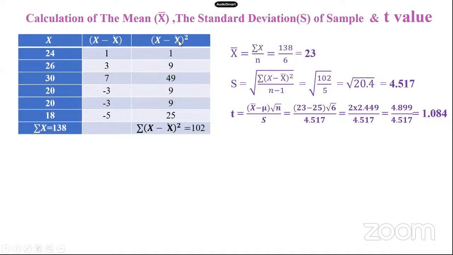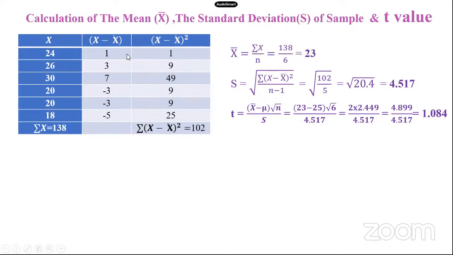ये x minus x bar है. x minus x bar whole square is equal to आता या ठिकाणी 24 minus 23 is equal to 1, 26 minus 23 is equal to 3, 30 minus 23 is equal to 7, 20 minus 23 is equal to minus 3, again 20 minus 23 is equal to minus 3, 18 minus 23 is equal to minus 5.